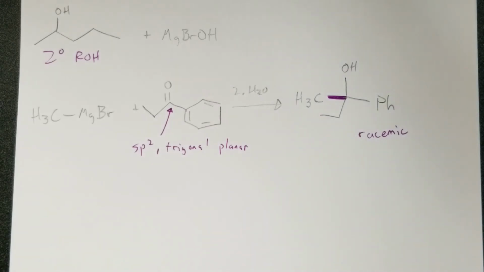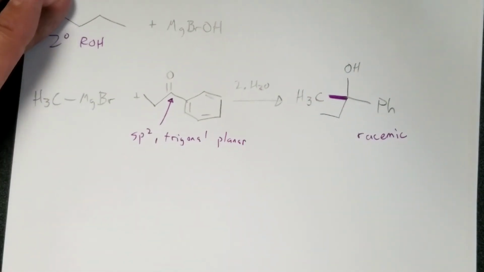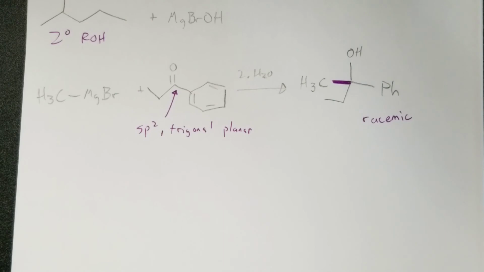All right, I think I want to show you one more reaction for the day, and then we'll call it good. I did have some synthesis here, but I don't think we have time for it. Another reaction we could do is with esters, which is another way to get a tertiary alcohol.